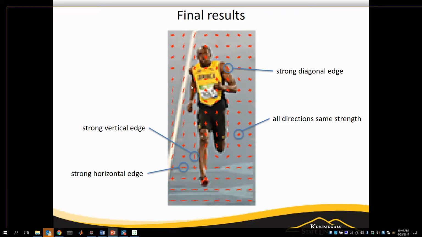For each cell, we now have all of the directions, and these red lines show all of the directions that are getting high votes. I'm not sure exactly how it's doing it, but it must be that all of the directions that are strong have lines in them.